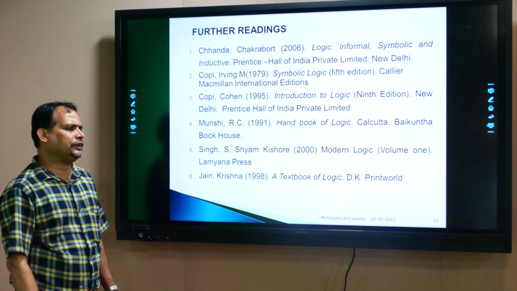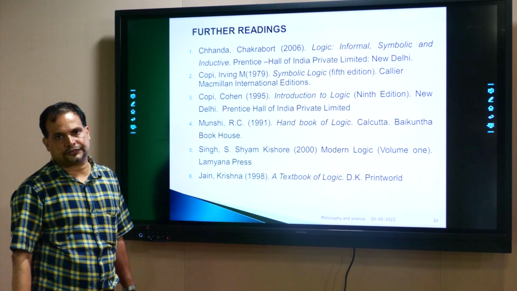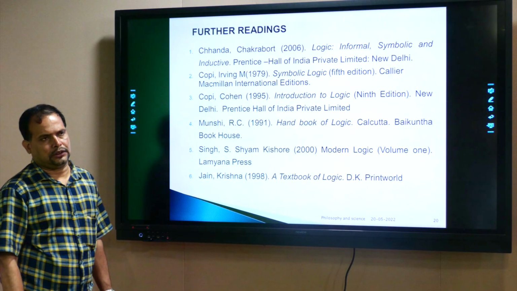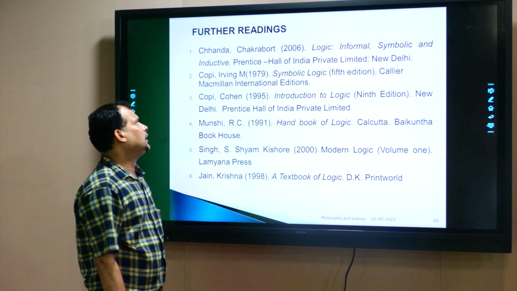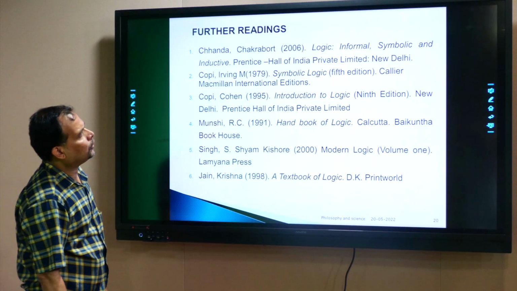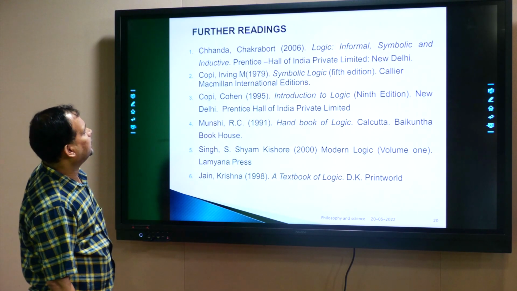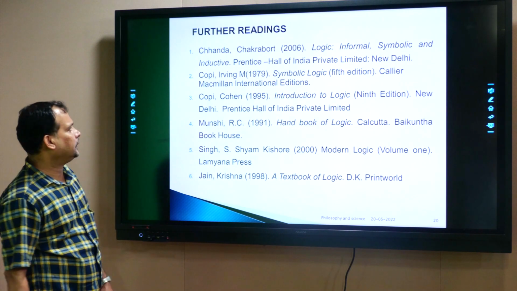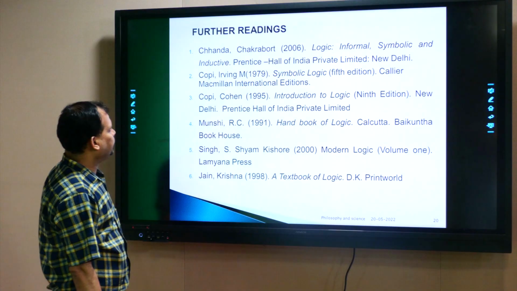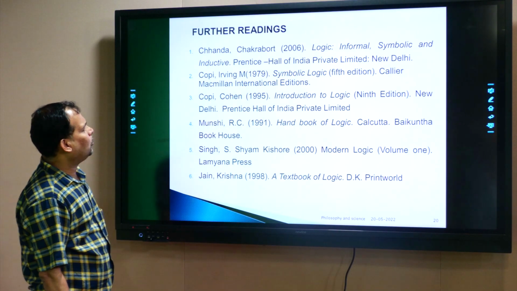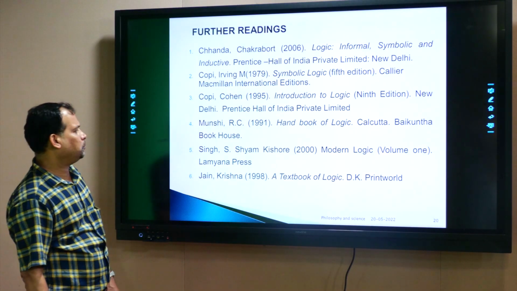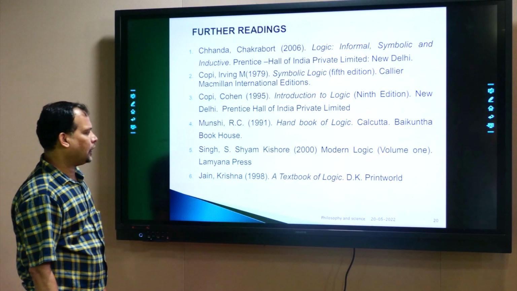Now, dear learners, you see what books you have to consult or read in order to know the unit in a very comprehensive way. You can take the book by Sonda Chakraborty, Logic: Informal, Symbolic and Inductive. Another one, Irving Copi, Symbolic Logic, and Copi and Cohen, Introduction to Logic, and R.C. Munshi, Handbook of Logic, and Shyam Kishore Singh, Modern Logic.